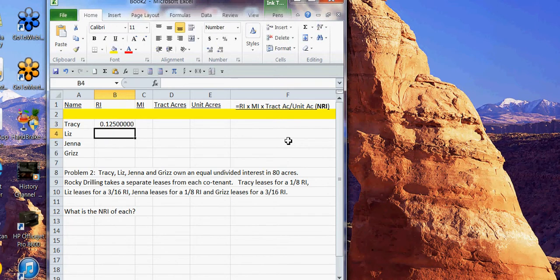Liz's royalty interest is for a 3/16, or 0.1875. Jenna leases for a 1/8, so 0.125. And then Grizz leases for a 3/16. And we know their mineral interest is they each own 25%.